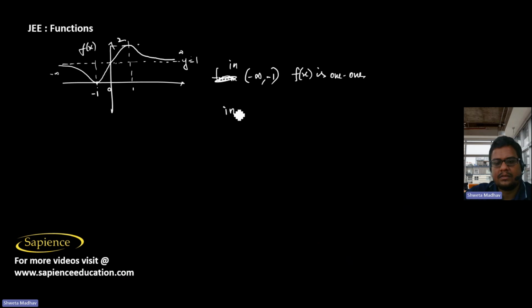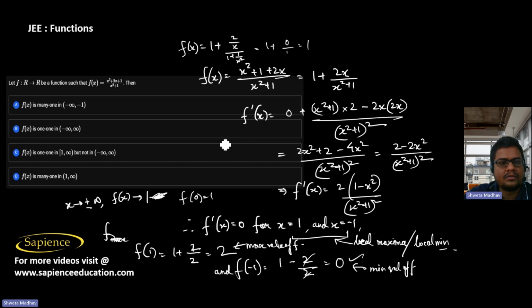And then in the interval -infinity to infinity, means for all real numbers, f of x is many to 1. So B is also wrong, A is also wrong statement.